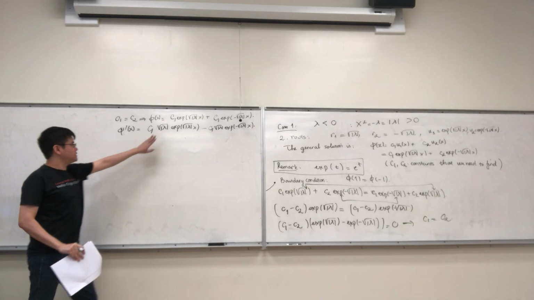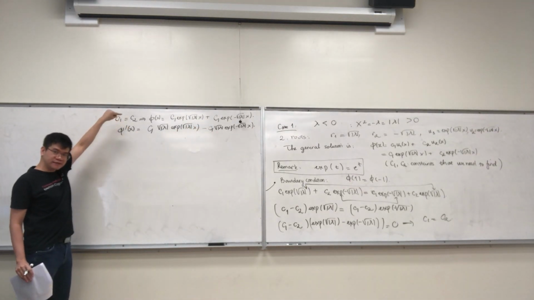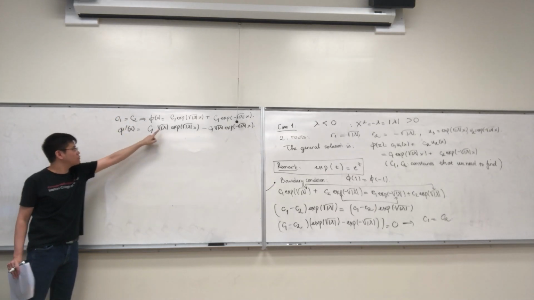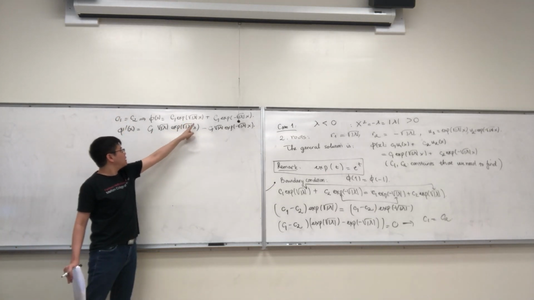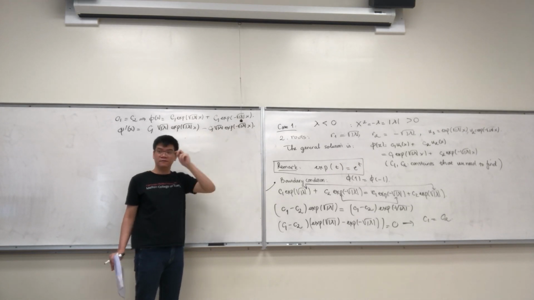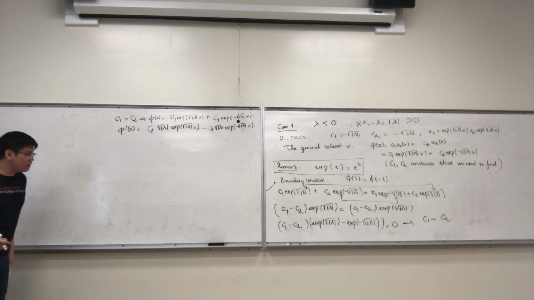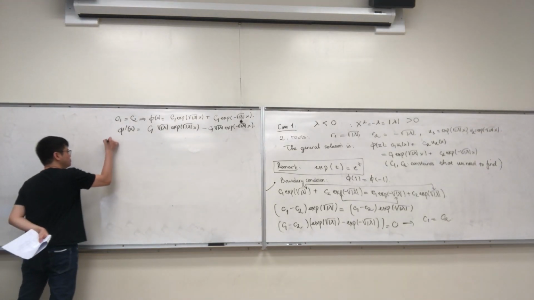I replace C2 to be C1, and I take the derivative. I have C1 square root of lambda, and here I have minus C1 square root of lambda. Alright? Is it clear?